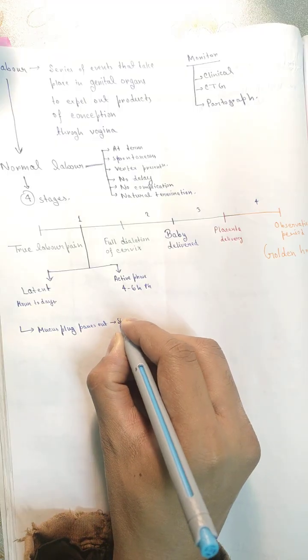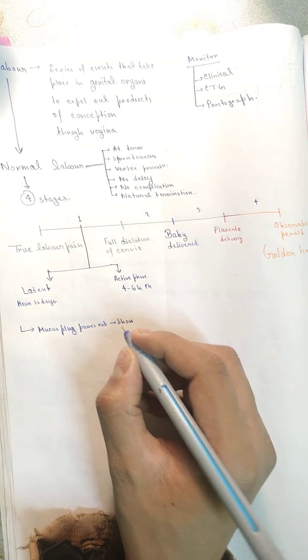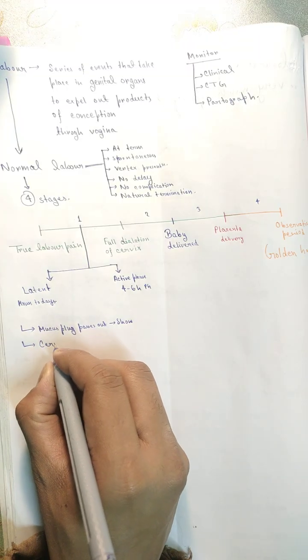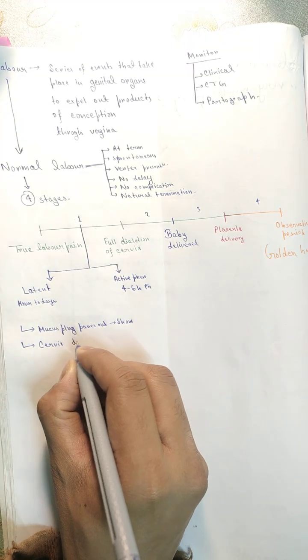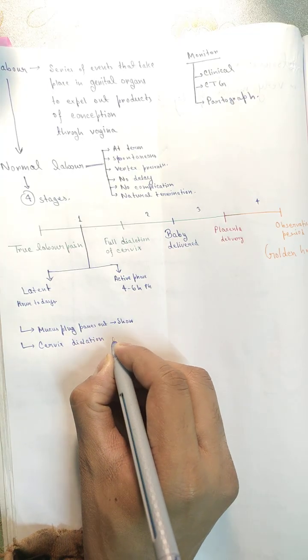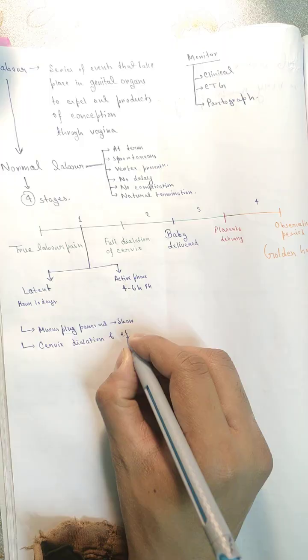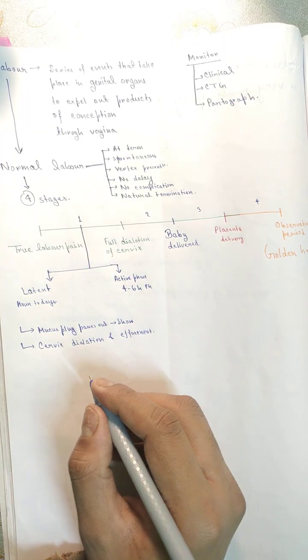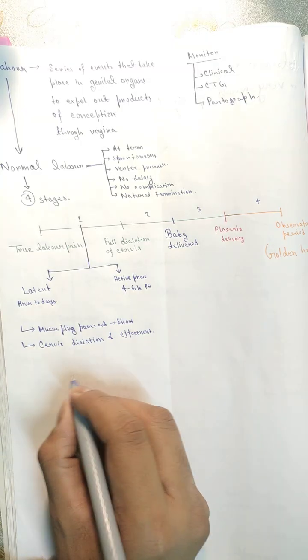It is called as show. Cervix dilation and effacement happens. So we have two pictures.